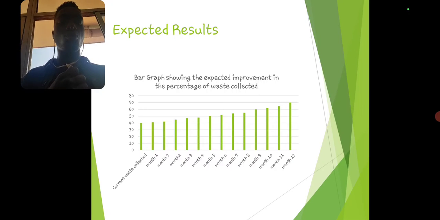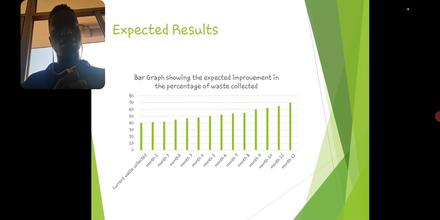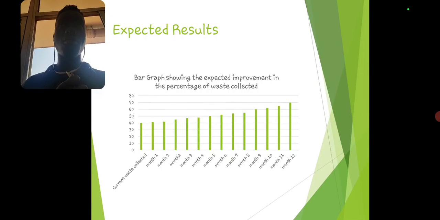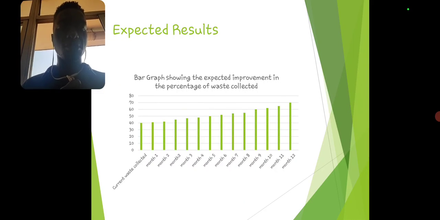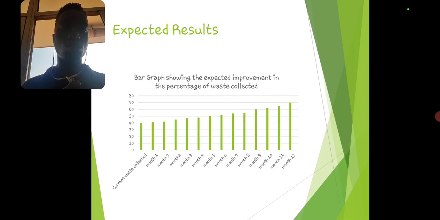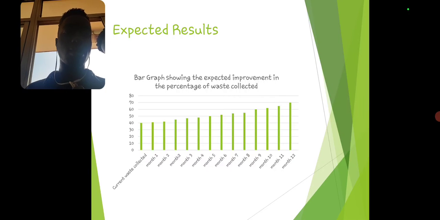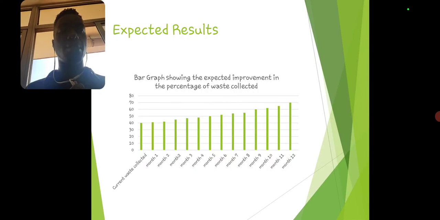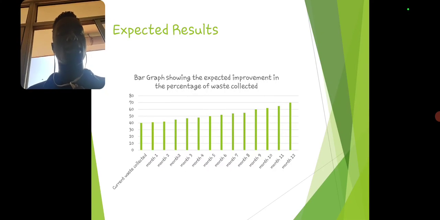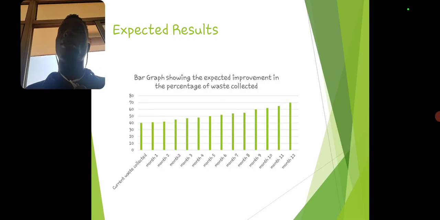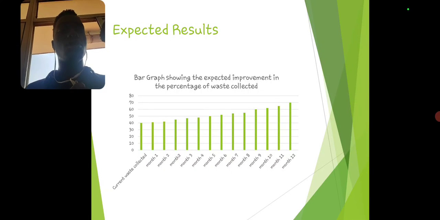Our graph shows what we expect: if the current waste collected is at 40%, by the first month of it working we want it to be 41%, then by the second month 42%, the third month 43%, the fourth month and so on, up to the 12th month, which we expect to be about 70%. We expect an increase of 20% from the current percentage that is being collected daily.